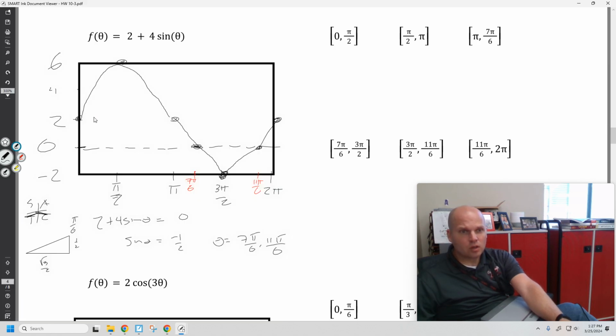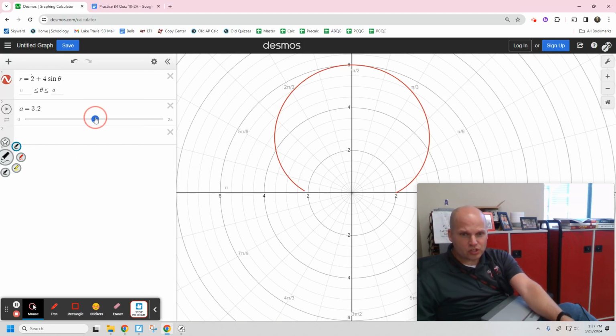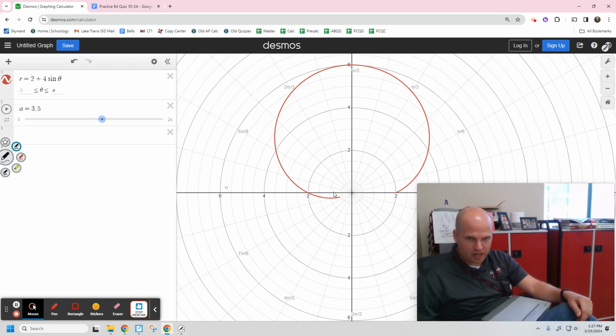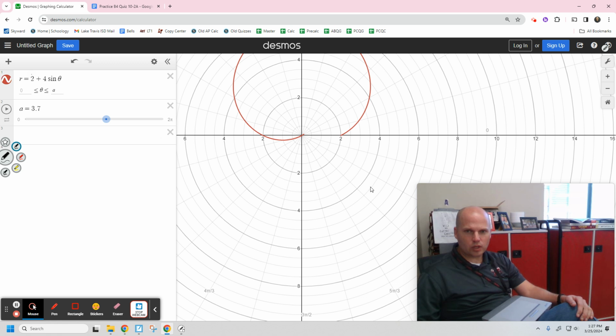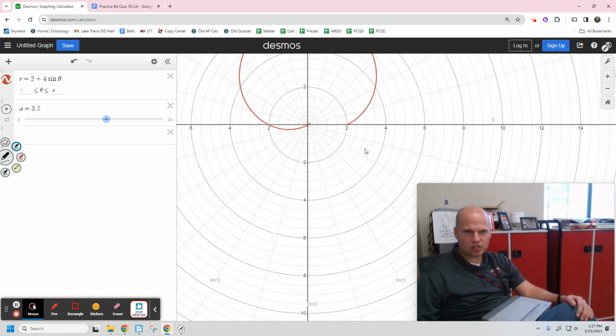Great. We get to 7 pi over 6. Boom, there's the radius of 0. 7 pi over 6 right here. You see how my radius is getting closer to 0 between the angles pi and 7 pi over 6. Then, from 7 pi over 6 to 11 pi over 6, between these two angles, my radius is going to be negative. It goes all the way to negative 2.